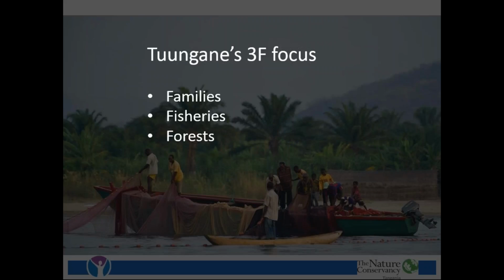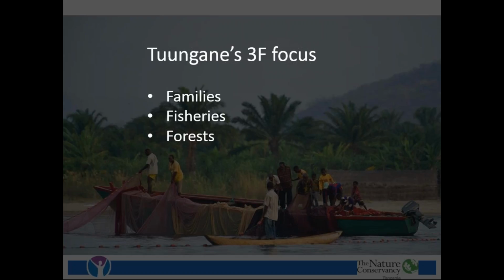So at the risk of oversimplifying a large complex project, the Tuungane Project focuses on the 3 F's: families, fisheries, and forests. So let me tell you a bit about each. For families, the project provides access to basic maternal and child health services and to family planning services for those who want them.